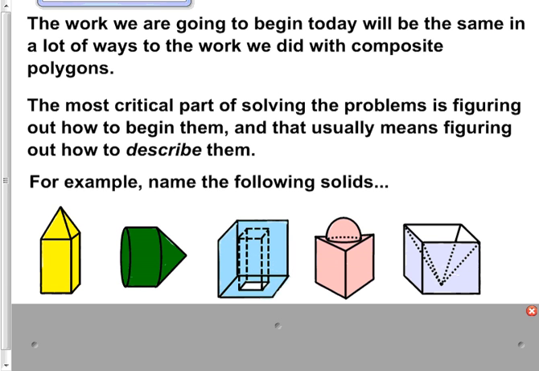Okay, so let's see if we can come up with some verbal descriptions of these shapes. So we'll start with the tower-looking yellow figure there on the left side. Hopefully, if you are going to describe this, something that should definitely come to your mind is a pyramid. There does appear to be a pyramid sitting on top of this figure.